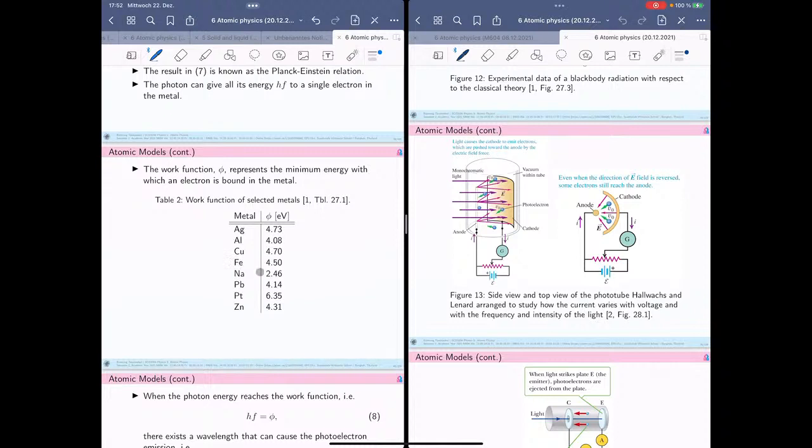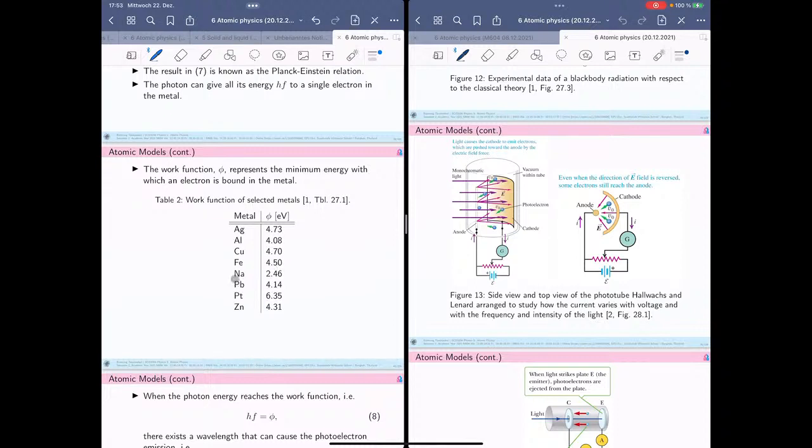And ferrite, which is iron for us, right? You can see that iron is quite hard, but it's not the hardest one. In order to remove an electron from an atom of iron, you have to put in energy of 4.5 electron volt.